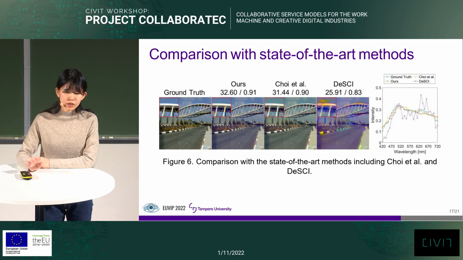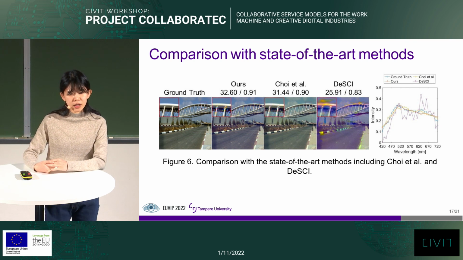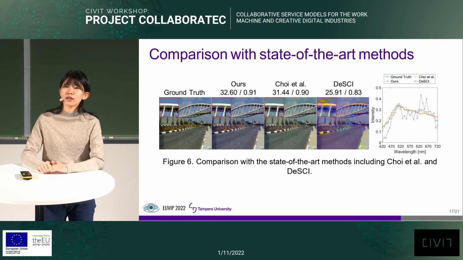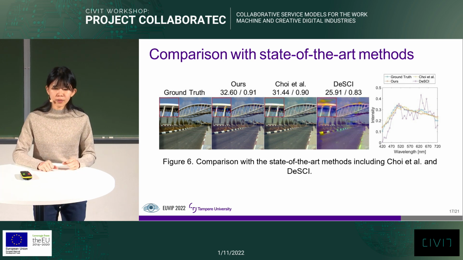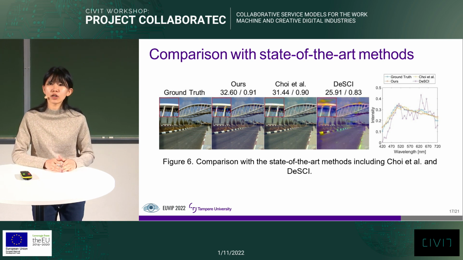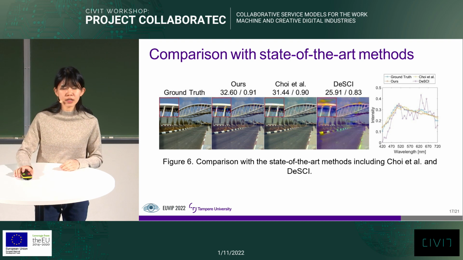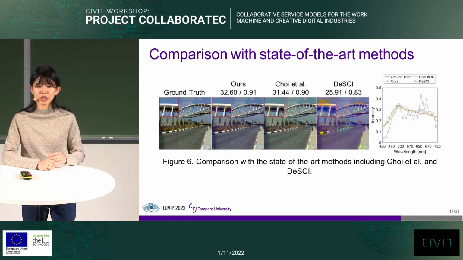And as you can see, our method shows the best spatial reconstruction with less blur and less color artifact. For example, the SCI shows quite strong color shading, and the other method shows color aberration if you look at the small cropped image around the edge part of the bridge.